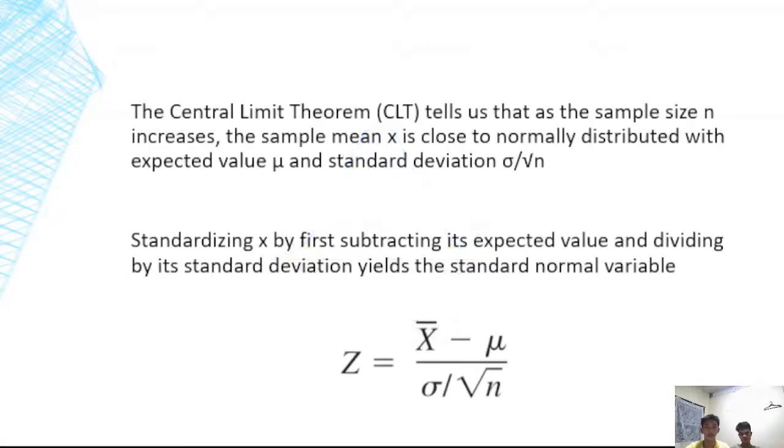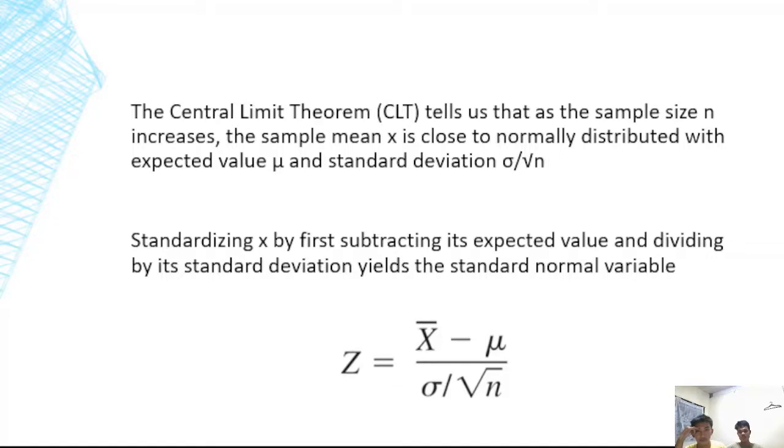The central limit theorem, or CLT, tells us that as the sample size n increases, the sample mean x bar is close to normally distributed with expected value mu and standard deviation sigma over square root of n.